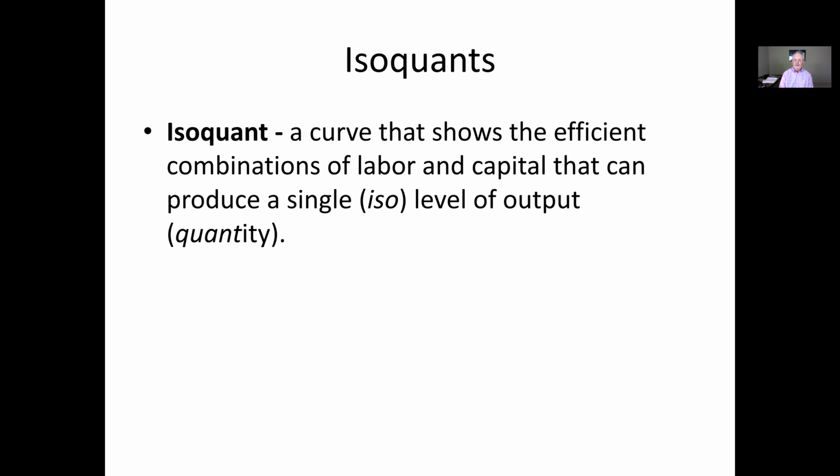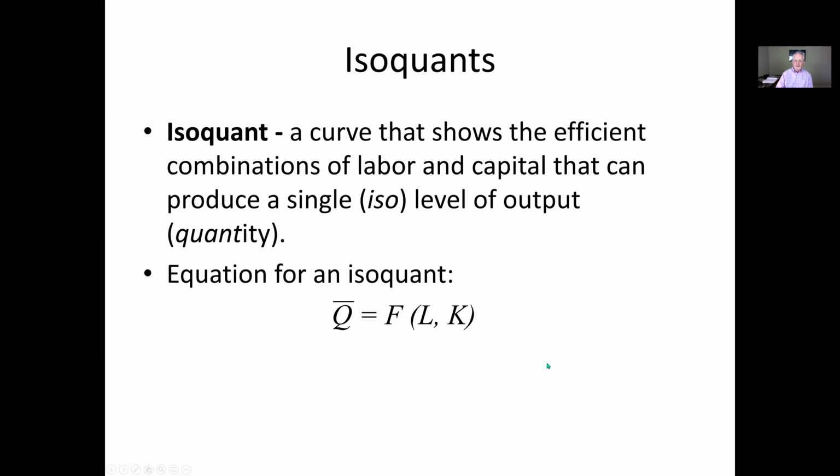An isoquant is a curve that shows efficient combinations of labor and capital that can produce a given, or a single iso level of output quantity. And the equation for an isoquant is going to be the relationship between L and K, that are both variable, that produce a given fixed Q bar quantity of output.